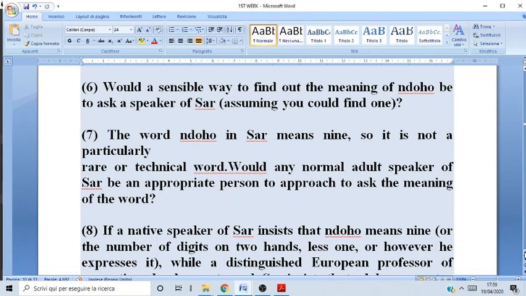Would any normal adult speaker of Sar be an appropriate person to approach to ask the meaning of the word?